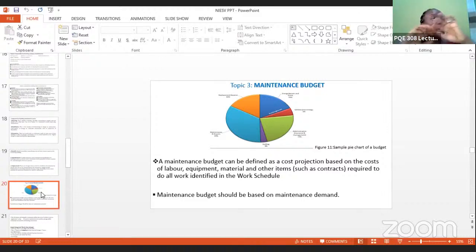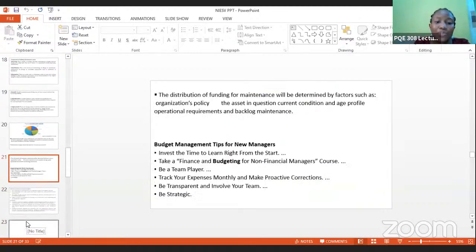So your maintenance budget is going to show how much is going to be needed in this department, depending on their job descriptions and on what they carry out. It is based on demand too. You don't have to give much to somebody that doesn't need it. You have to be able to allocate your resources very well.